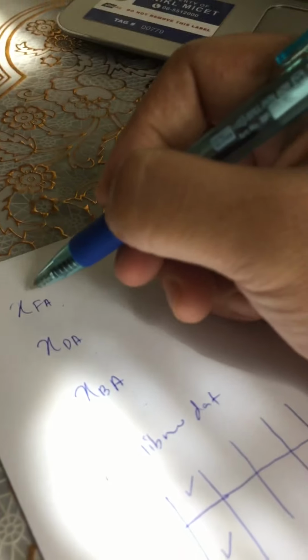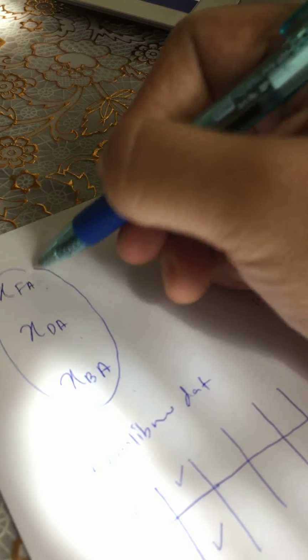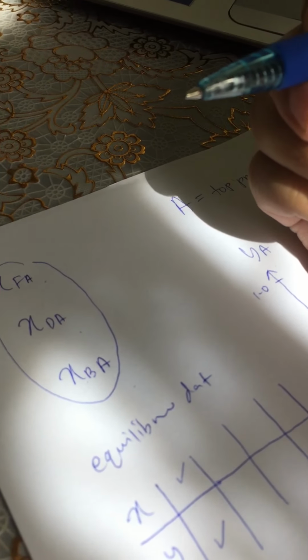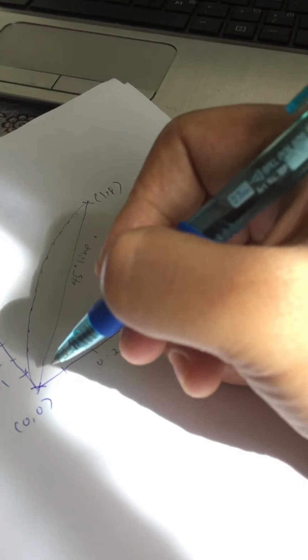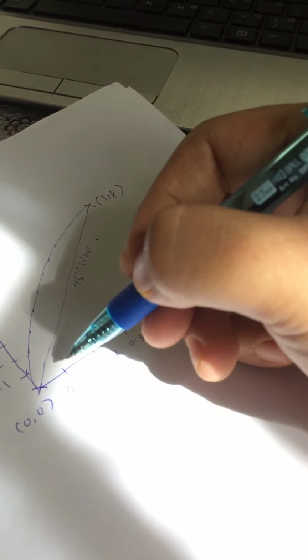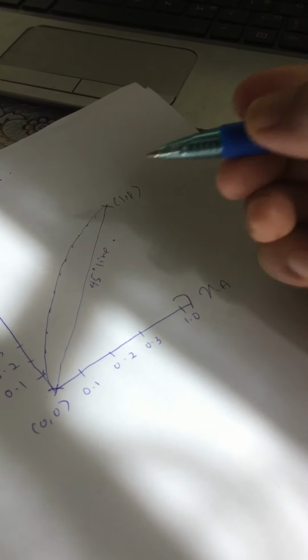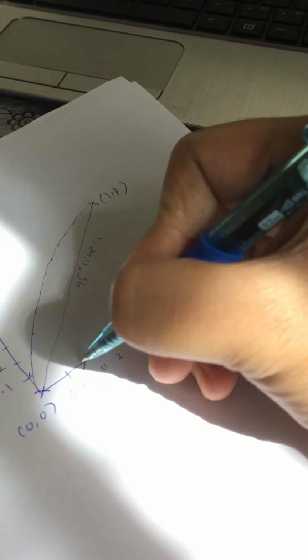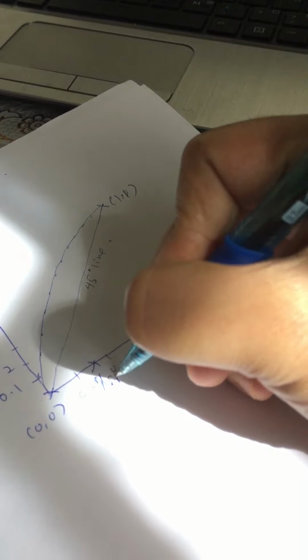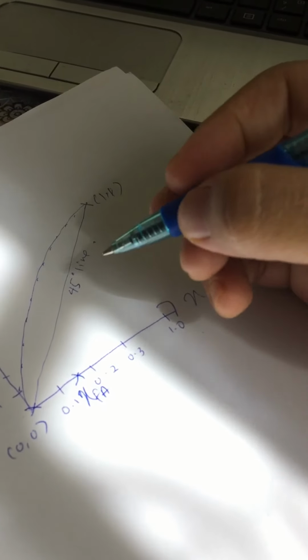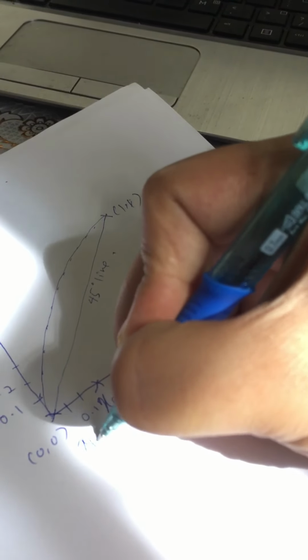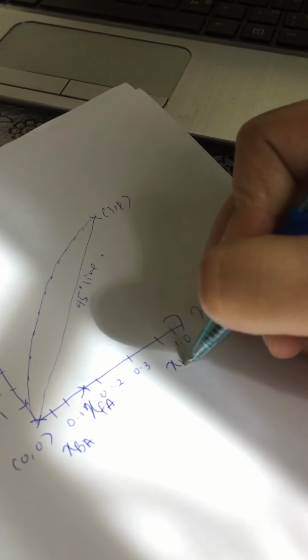Next step, based on the question, it gives you the values for XFA, XDA, and XBA. You just need to put all of the values on the x-axis because these are x values. You plot first where your XFA is according to the question. Let's say this is your XFA, so write down XFA; over here is your XBA and XDA here.